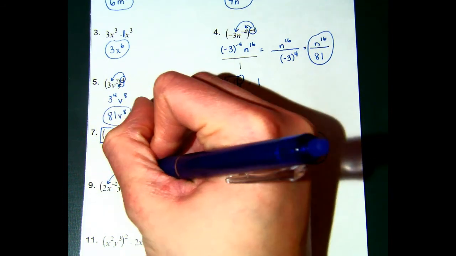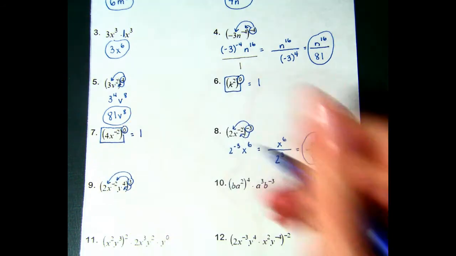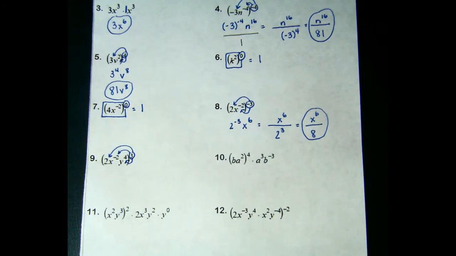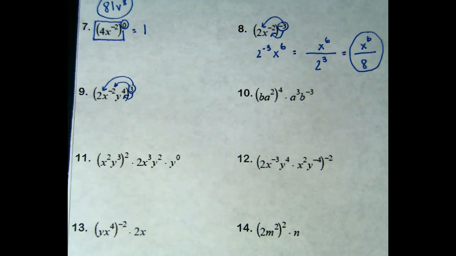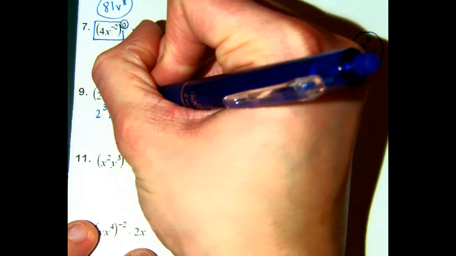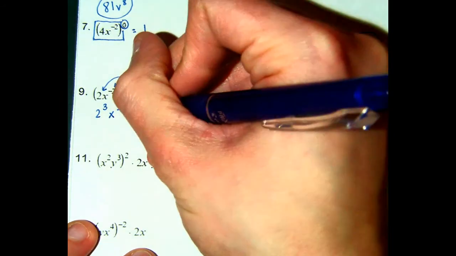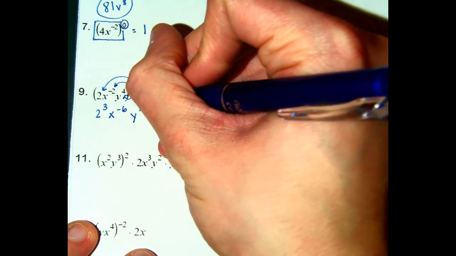3 goes to 2. 3 goes to the x exponent and to the y exponent. Zoom in a little bit. 2 to the 3rd power, x to the negative 6th power, y to the 12th power.